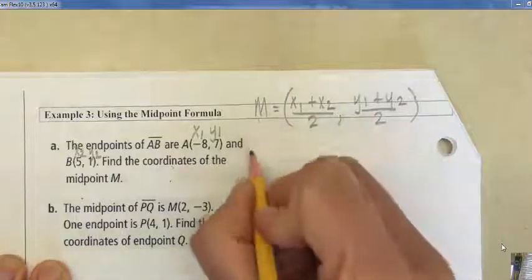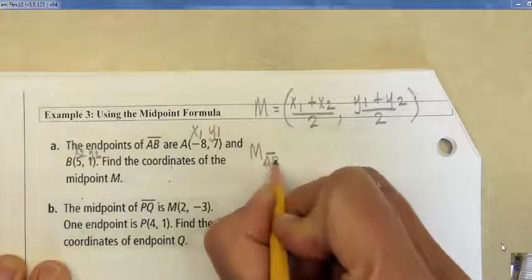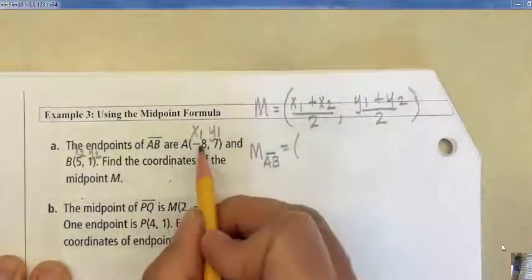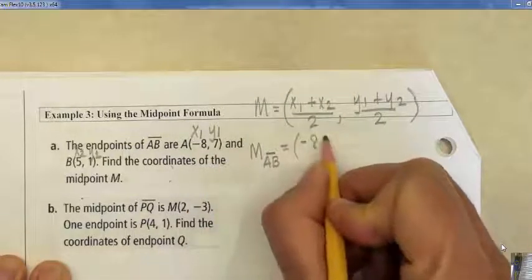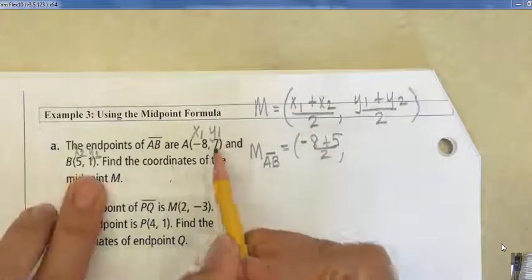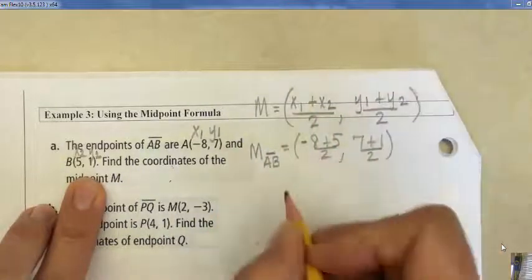So to find the midpoint of segment AB, that's like a subscript. Okay, I'm going to add together the x coordinates first and divide by 2, so -8 plus 5 divided by 2. And then I'm going to do the same thing for the y coordinates, 7 plus 1 divided by 2.